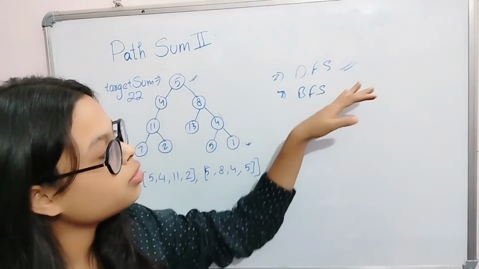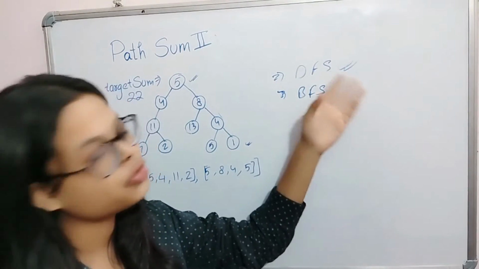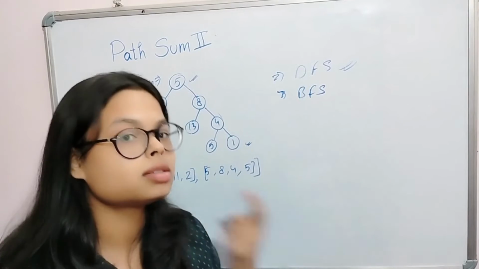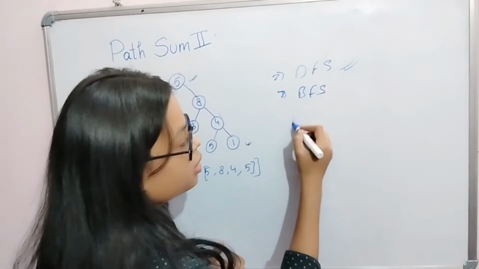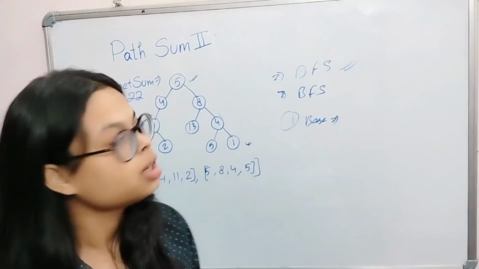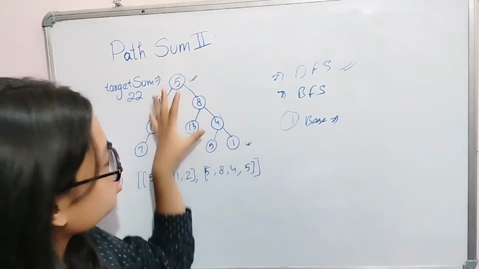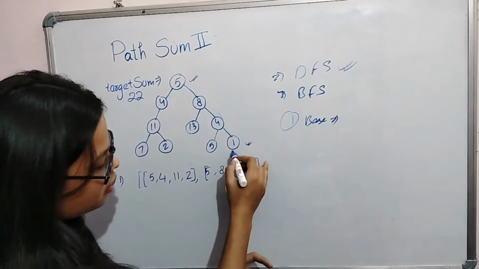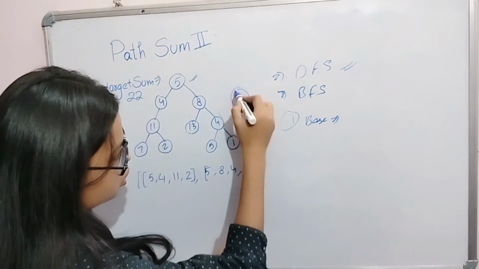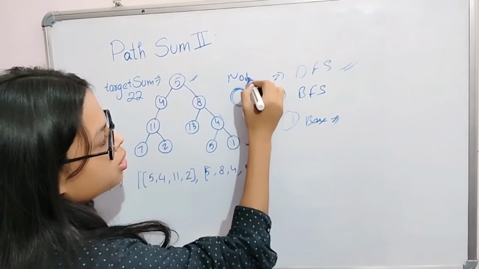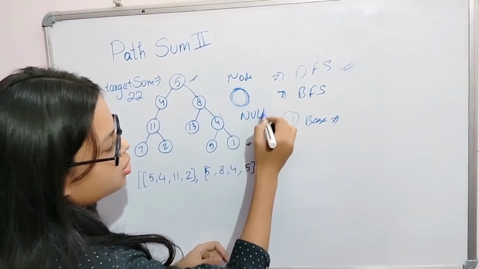Now, to solve any DFS question, we generally use recursion. For recursion, what is the first thing we need? We need a base case. What can be a base case in this binary tree? A base case can be if the node is null.